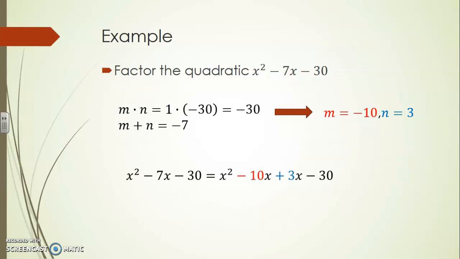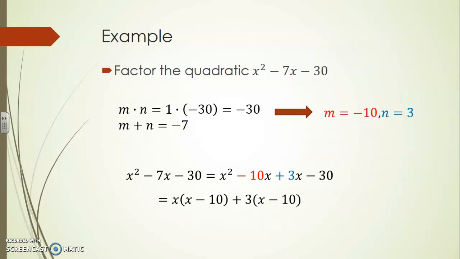Therefore, x squared minus 7x minus 30 can be rewritten as x squared minus 10x plus 3x minus 30. Then we can proceed by grouping, where x is recognized as a common factor of the first pair, and 3 is a factor of the second pair.